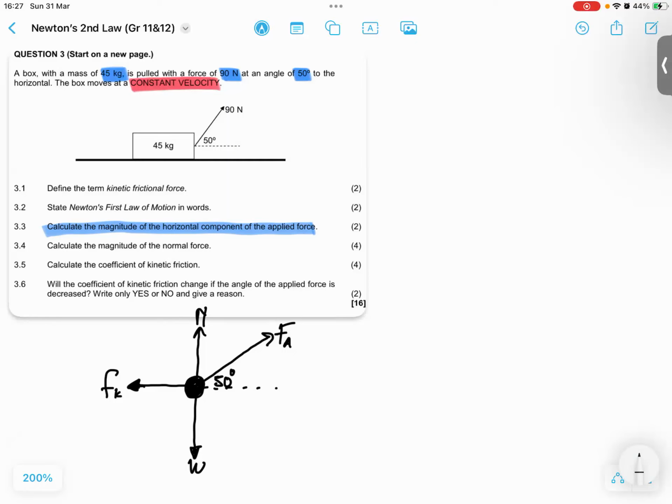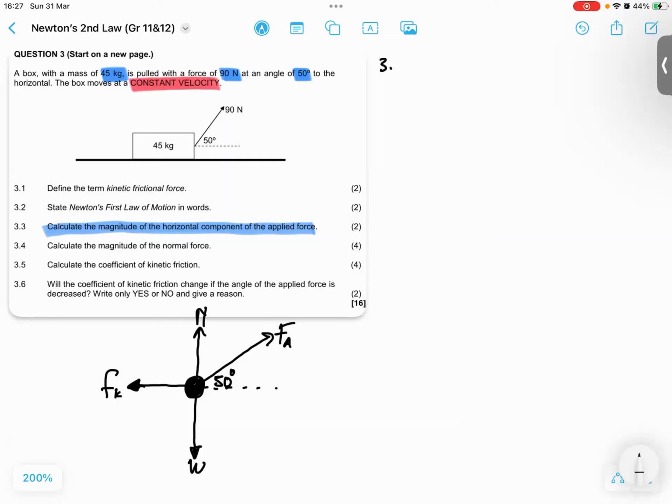We have the horizontal component, which is the parallel component, and the vertical component, which is the perpendicular component. For 3.3, the question is to find the magnitude of the horizontal component, which we call F parallel.